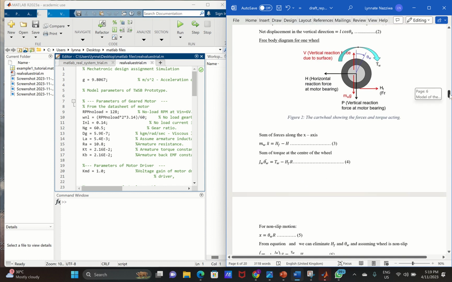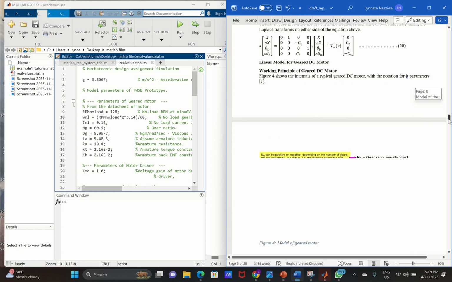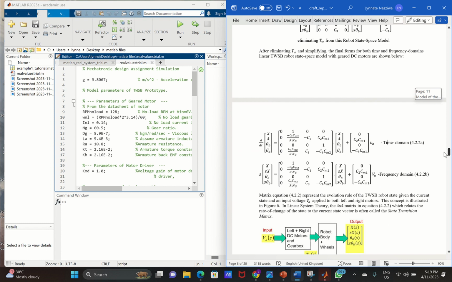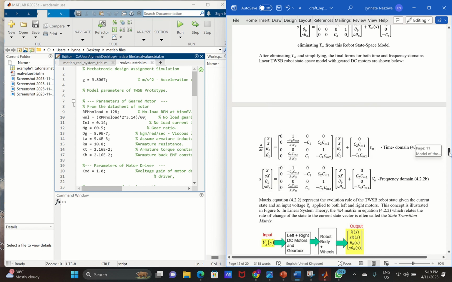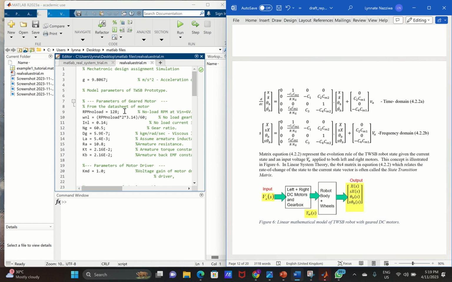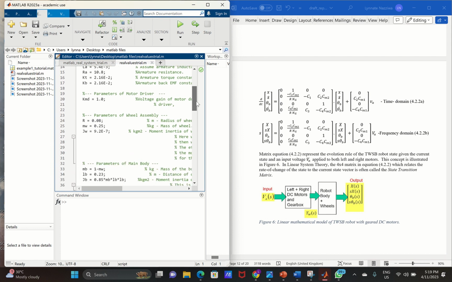Deriving our different equations, we are able to come up with state space equations, which are 4.22a and 4.22b. The first equation is in time domain and the second equation is in frequency domain. Now moving on to do the simulation in MATLAB, we use the different parameters from the datasheet of the particular motor that we are using, listed here in the MATLAB file.